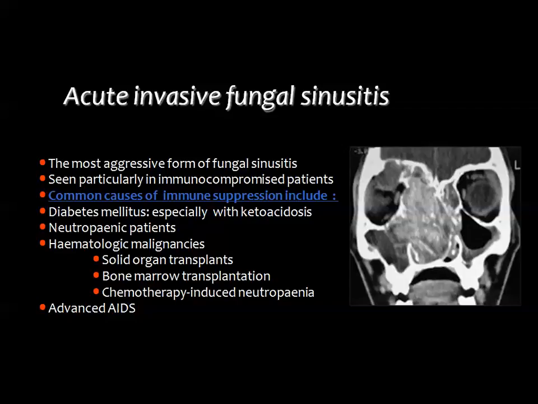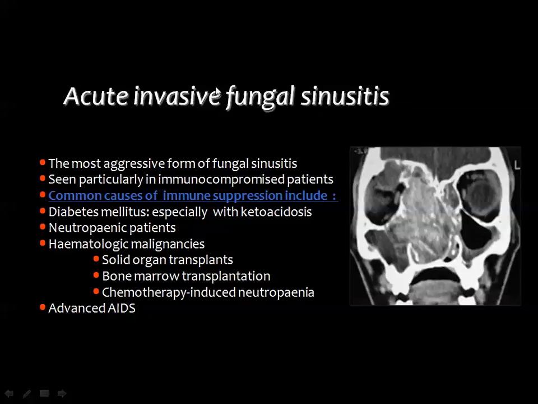And invasive sinusitis, you know that we have three types of fungal sinusitis: allergic fungal sinusitis, the fungal ball, and the invasive fungal sinusitis, which is known by its destructive capability of the adjacent bony margins.